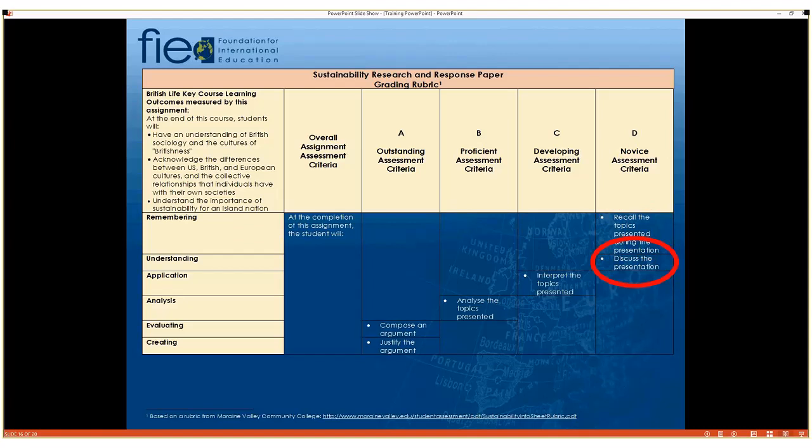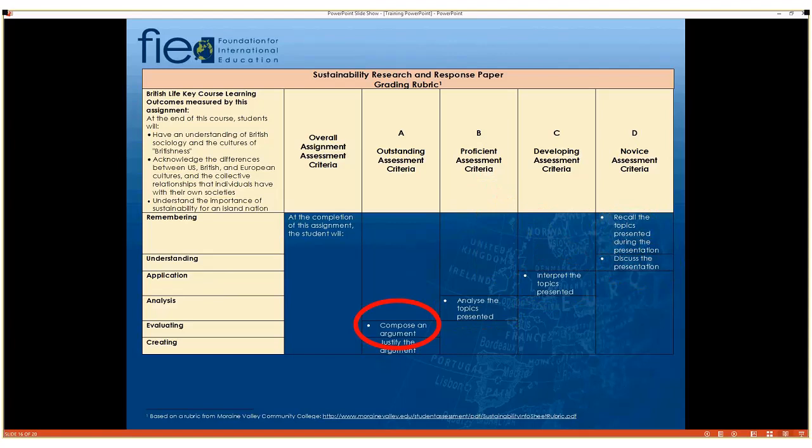The next level, discuss the presentation. This ties back directly to understanding. And then we keep moving forward, interpreting, ties to application, etc. By including all four of these areas, then the student should be proficient and therefore get a B for the paper.